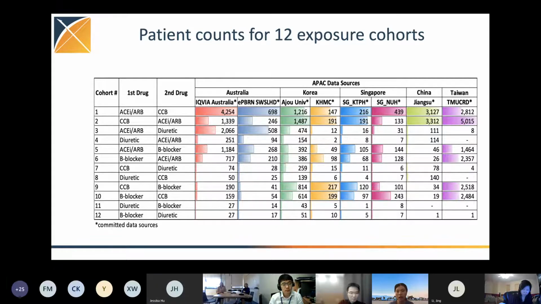However, some combinations, like CCB plus beta blocker, are rarely used in Australia but quite commonly used in Korea and Singapore. It's also rarely used in China in the Jiangsu hospital, but commonly used in Taiwan. I think this is related to the practice patterns in different countries, and maybe the clinical guidelines implemented in each country. It's really interesting to see how this varies by country and database.